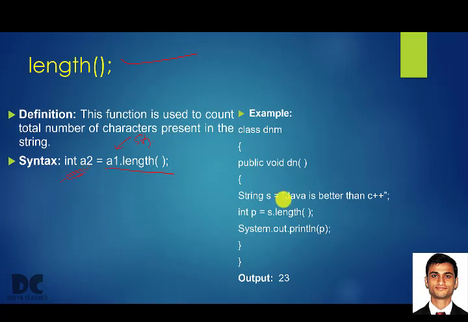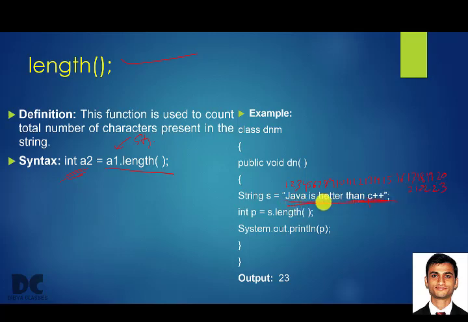For example, we want to find the length of the string. So Java will count. J is 1, A is 2, V is 3, A is 4, space is 5, space is also a character, I is 6, S 7, space 8, B 9, E 10, T 11, again T 12, E 13, R 14, space 15, then T 16, H 17, A 18, N 19, then again space, that is 20, then C 21, plus 22, again plus 23.